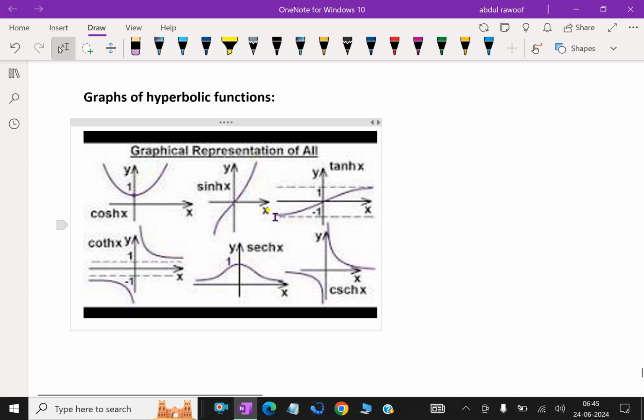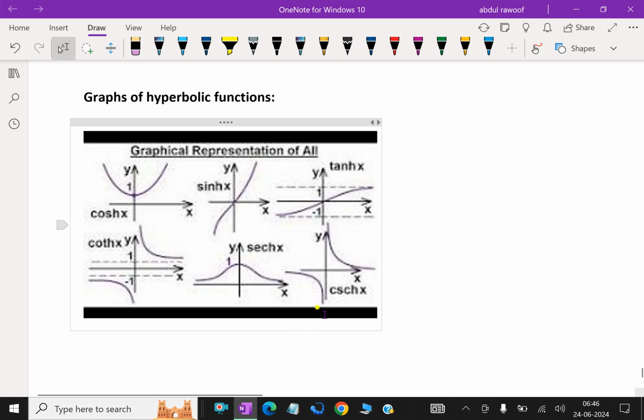For tanh x, the graph is like here, with asymptotes at y equal to 1 and y equal to minus 1. Then coth x is like this, then sech x is here, the maximum value of y is 1, and cosech x is like this. Remember this style of the graphs.